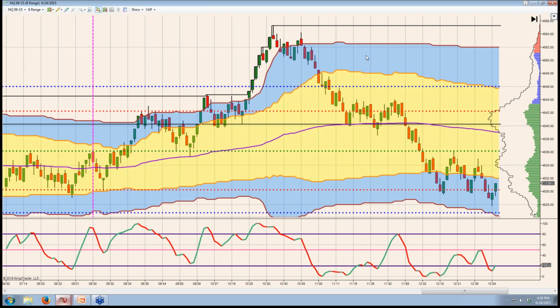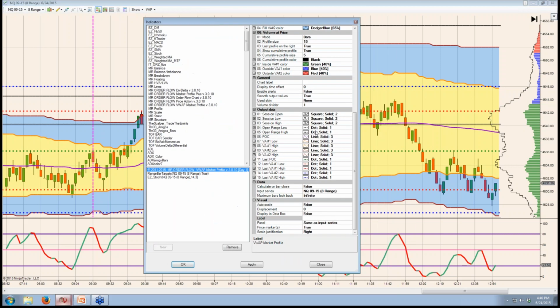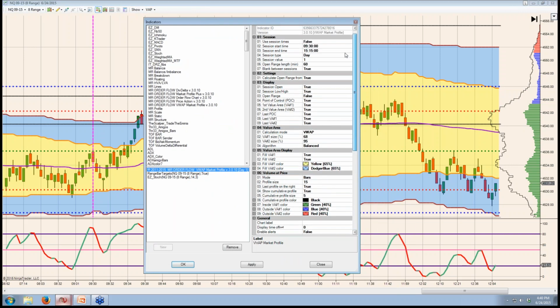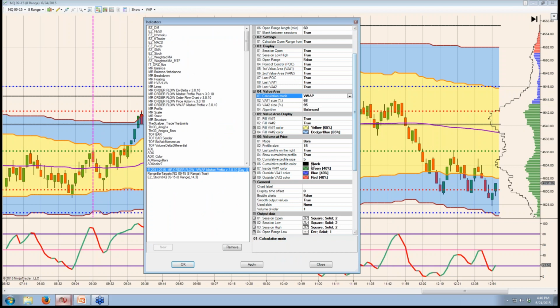I'm using this as volume weighted average profile, correct, Ted? But you can choose anything. If you look at the indicator on here, you can see that we have lots of options. Right here under calculation mode, I chose VWAP. You can choose TPO or you can choose volume. You can use balanced or greedy. I've never used greedy, I can't say what that looks like. You can change your colors inside here.